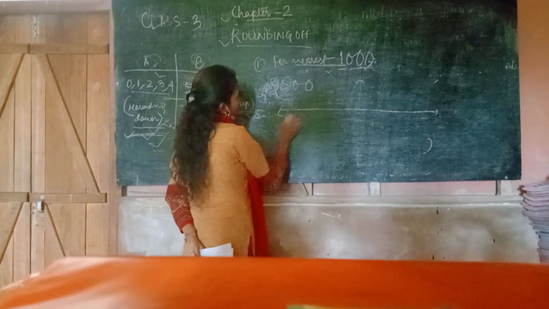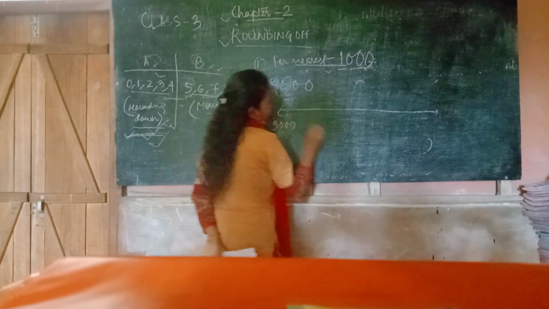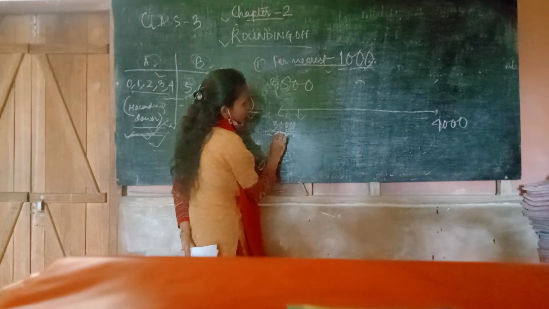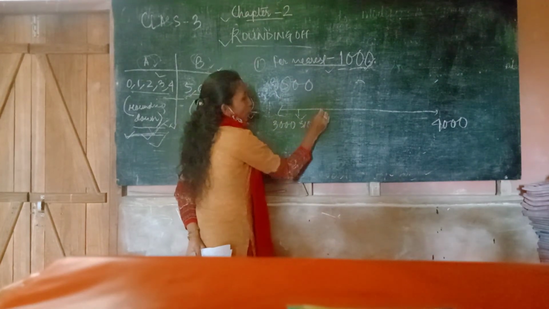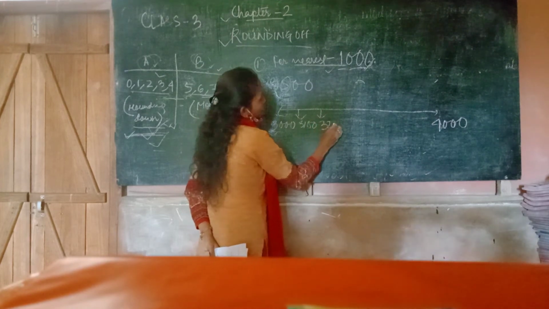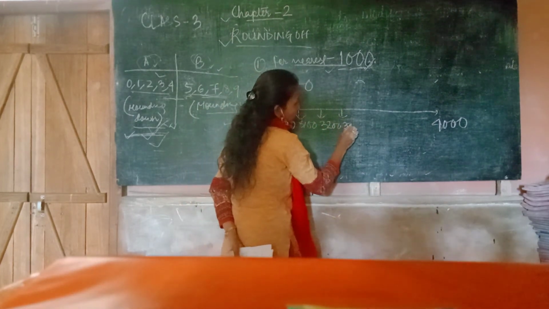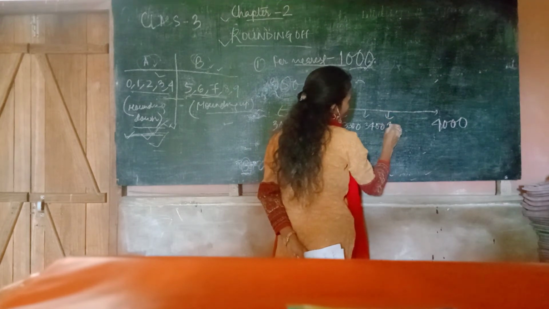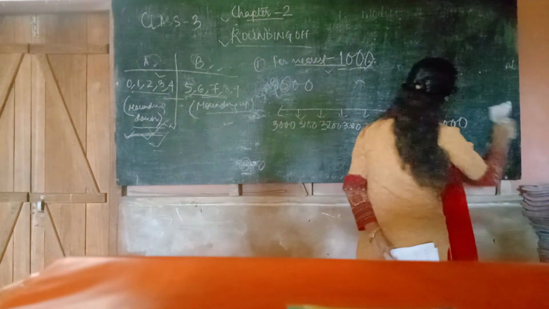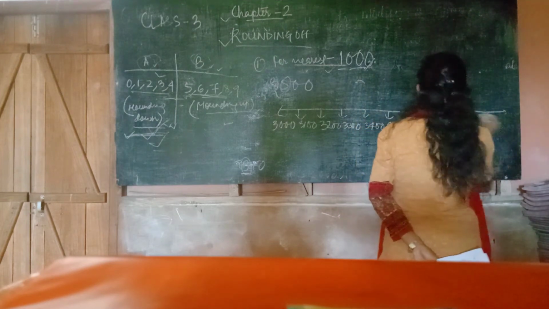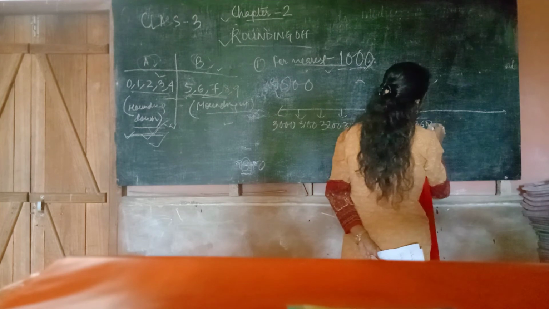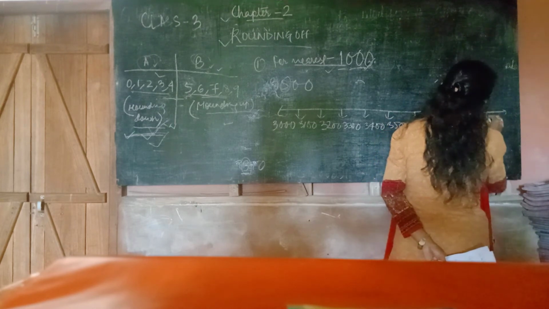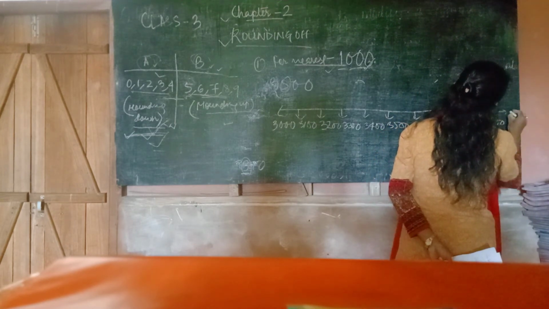So 3500 lies between 3000 and 4000. The next numbers after 3000 are 3100, 3200, 3300, 3400, 3500, 3600, 3700, 3800, 3900, and the last one is 4000.